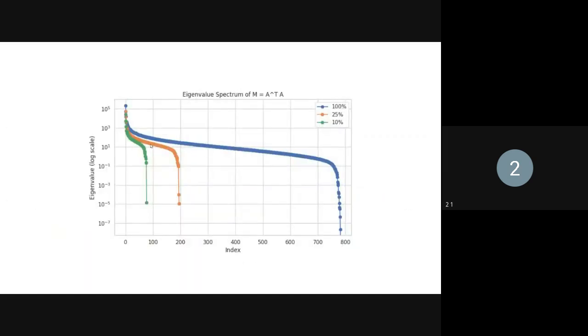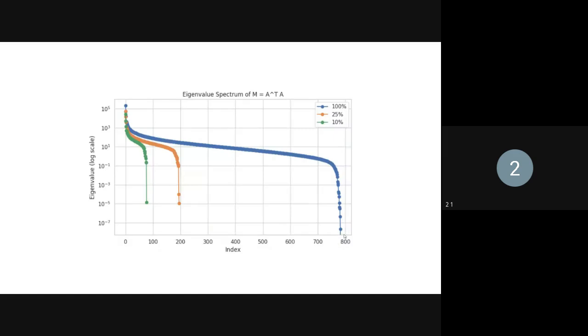And this is the spectrum of M. The full resolution matrix has a much longer tail of very small eigenvalues, like here.